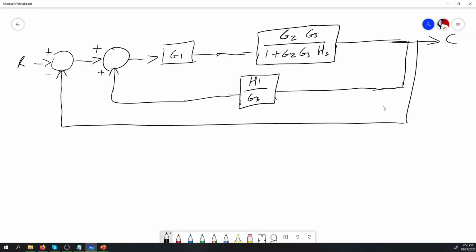So for our positive feedback system, we know that the transfer function is going to be G divided by 1 minus GH.